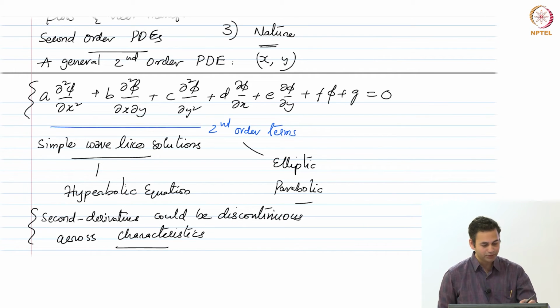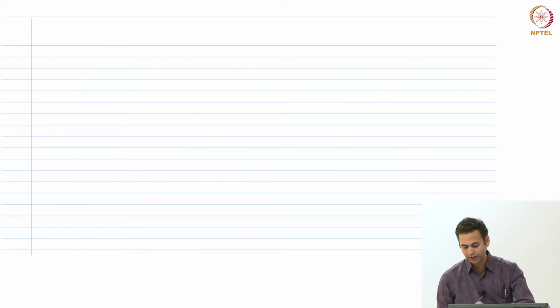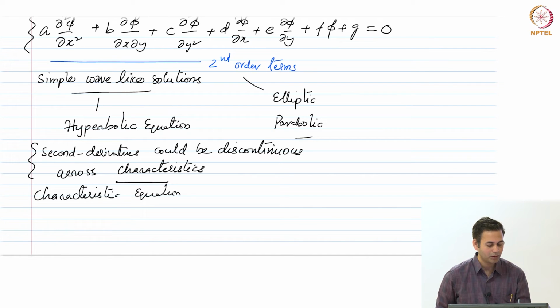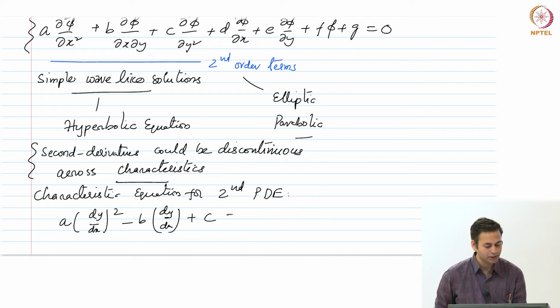That is something I am not discussing here, but you would take it for granted. The characteristic equation for the second order PDE that we wrote above would be A times (dy/dx) squared minus b times dy/dx plus c equals 0, where dy/dx gives you the slope of the characteristics.